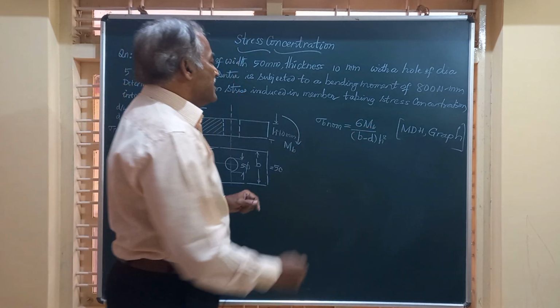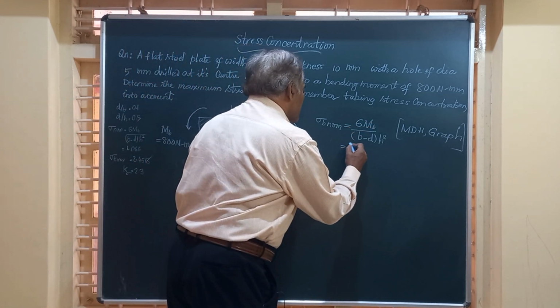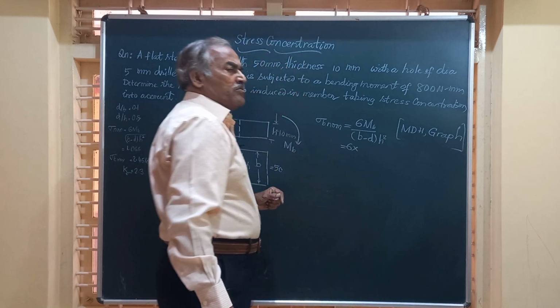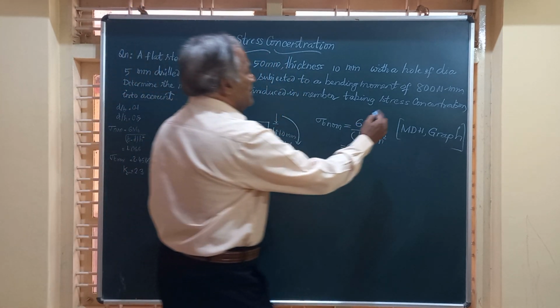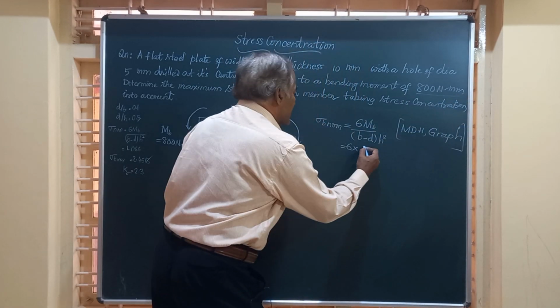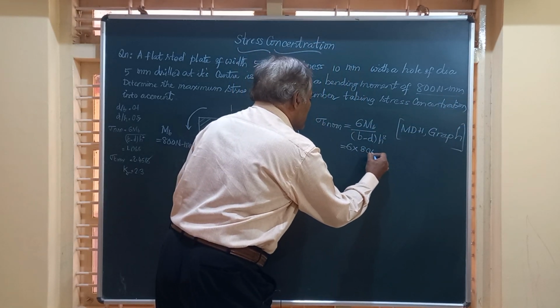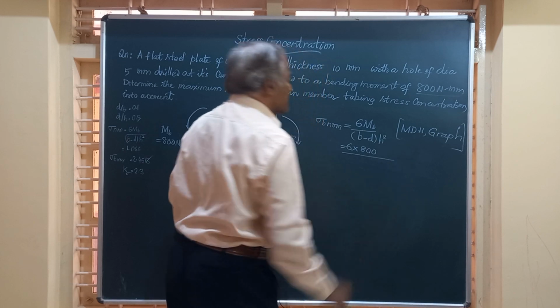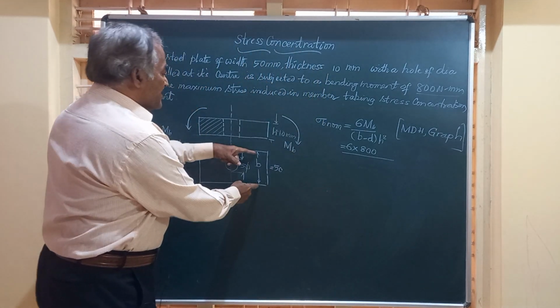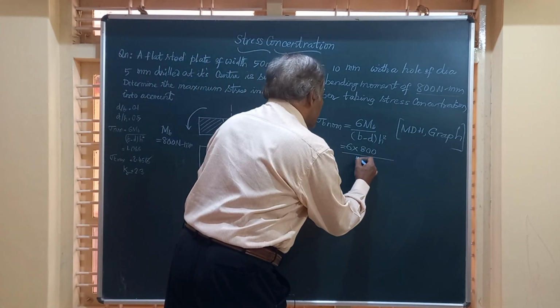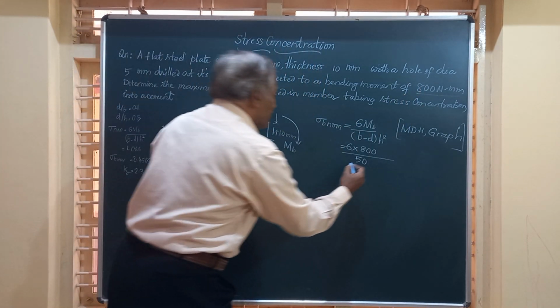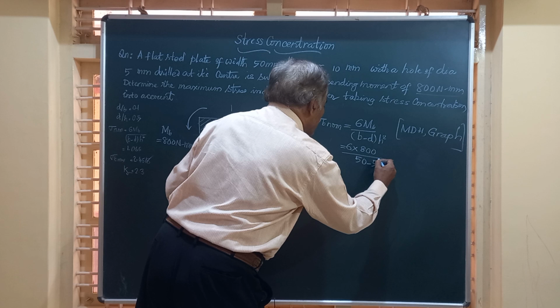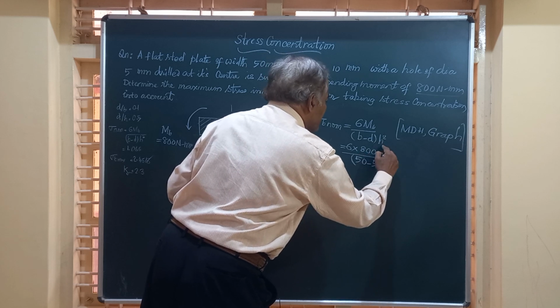It is 6 times M_B, where M_B is the bending moment, given to be equal to 800 Newton millimeter. So it is directly 6 times 800 divided by (b minus d). b is the width, that is 50, minus the diameter of the hole drilled, 5 mm, multiplied by the square of the thickness.